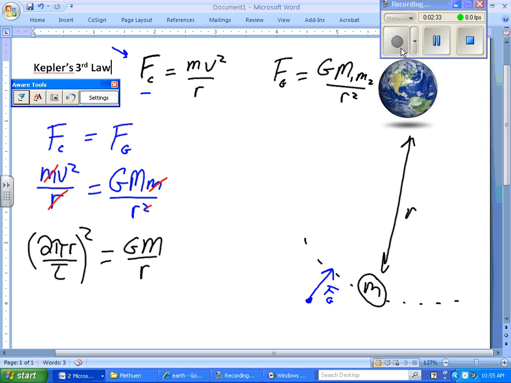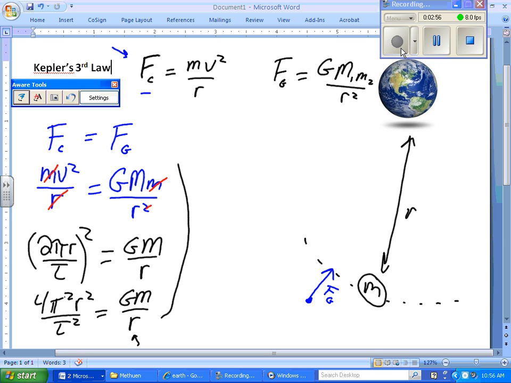Well, I'm not done simplifying. I've got r's on both sides still. First of all, let's square everything, and we get 4 pi squared r squared over tau squared equals GM divided by r. And we can multiply both sides by r to get rid of that r.